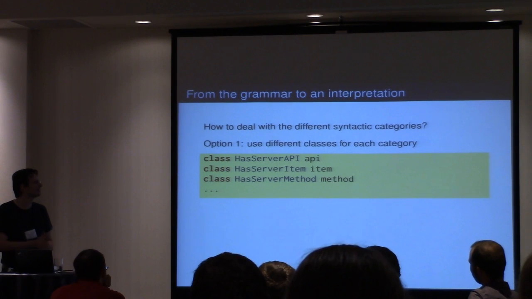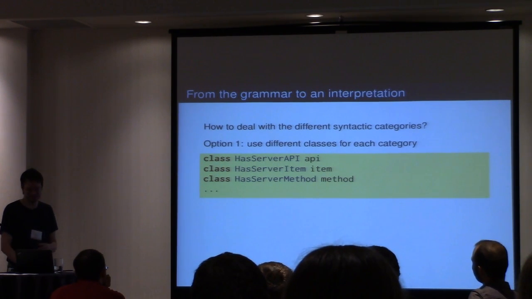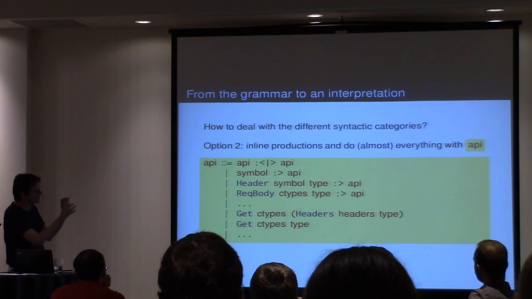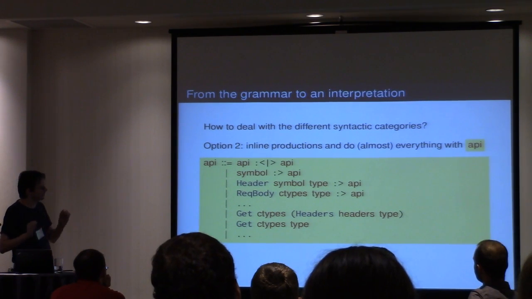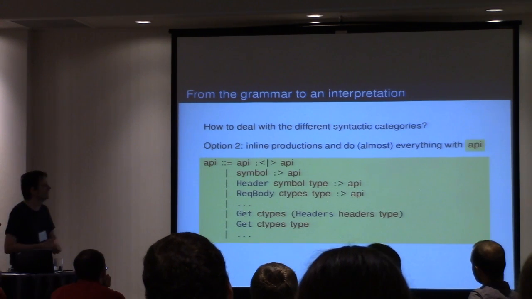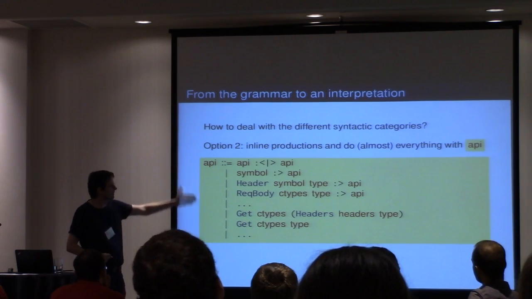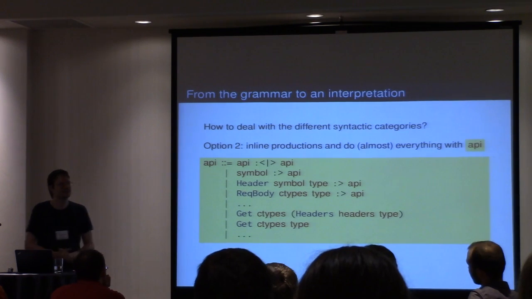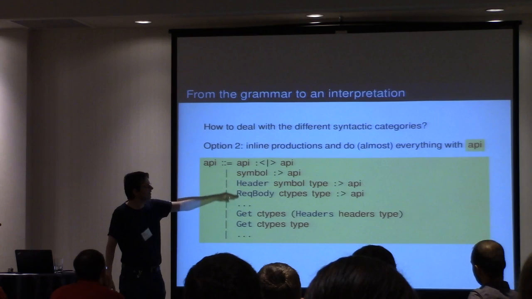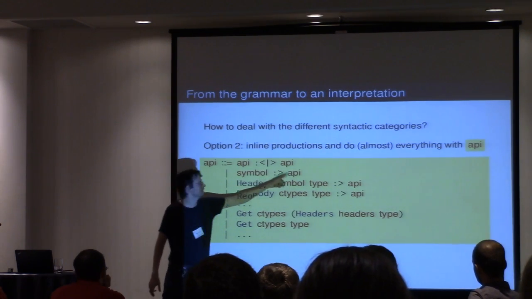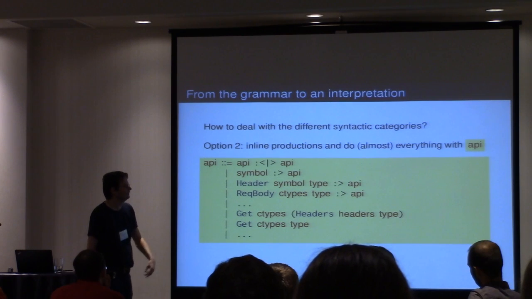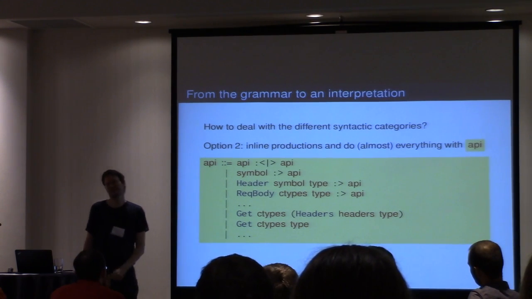You can often work around them, but actually it turns out to be much easier, even though again it's perhaps slightly less obvious that way, to inline as much as possible into the API category and transform the grammar so that it is essentially just based on this API construct and that all the individual items are inlined here. So you have now many cases with this nesting constructor, one for each item, and also inline all the methods in here.